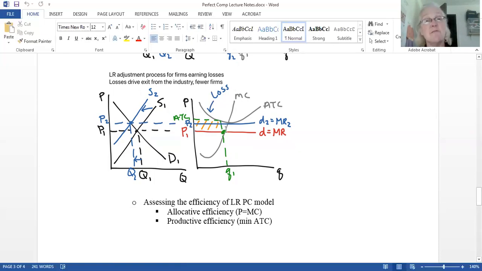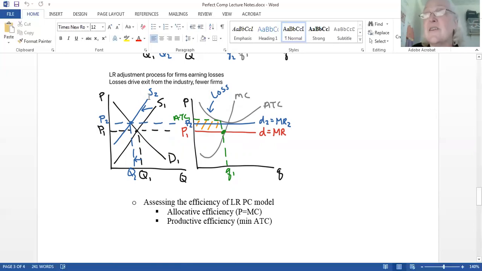So the short run outcome, losses. In the long run, because of the losses, some firms, not this firm, it's sticking it out, right? You can see that. Some firms will exit. Some farmers are going to say, oh, I've got better opportunities, or I'm going to start my retirement early, or whatever. So some firms choose to leave, okay?